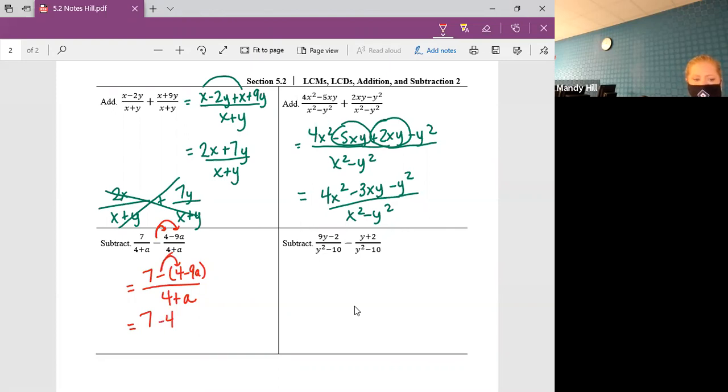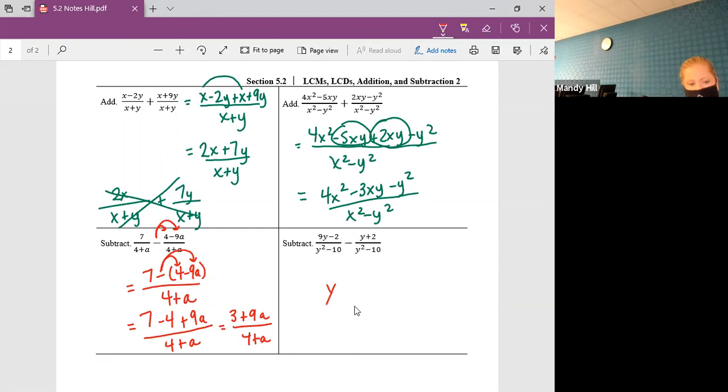We want the opposite of negative 9a, which is going to turn into positive 9a, still over 4 plus a on the bottom. Right? Whatever's inside you're subtracting has to become opposite. Then you can combine like terms and say 7 minus 4 is 3 plus 9a over 4 plus a. There's nothing else I can do with that.